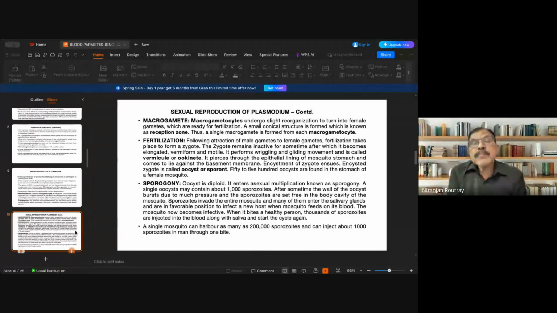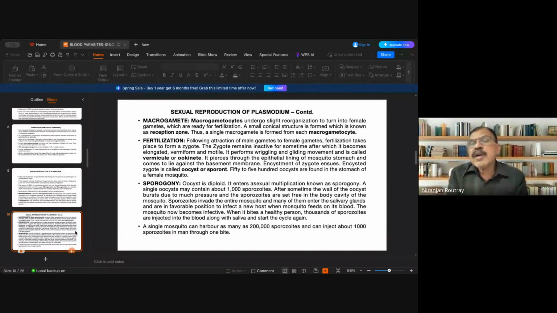Now, the formation of the macrogamete: the macrogametocyte is responsible for the formation of only a single female gamete, which is ready for fertilization. Through the process of chemotaxis, the female macrogamete releases certain chemical substances in the near vicinity, which attract the microgamete to come nearer to the macrogamete inside the stomach of the female Anopheles mosquito.